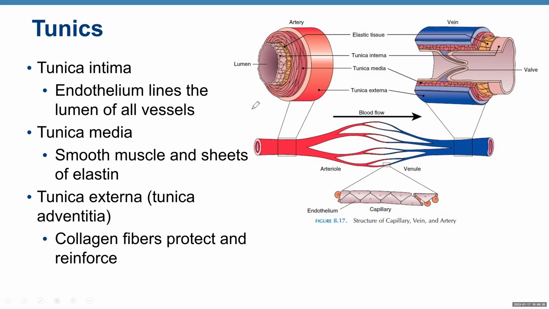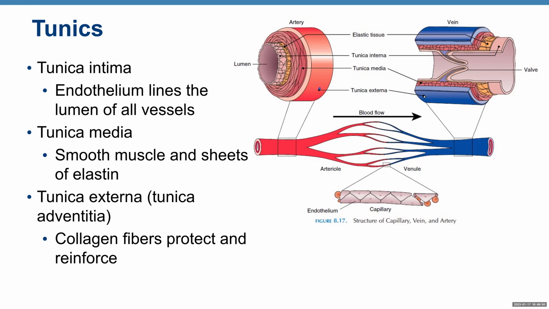So of course, arteries and veins are different. Arteries are designed to carry blood under higher blood pressure. Blood pressure in veins is lower than in arteries, and of course, it's all reflected in the structure of their tunics. But the names of the tunics are the same.